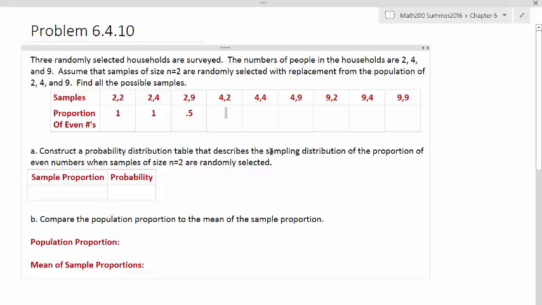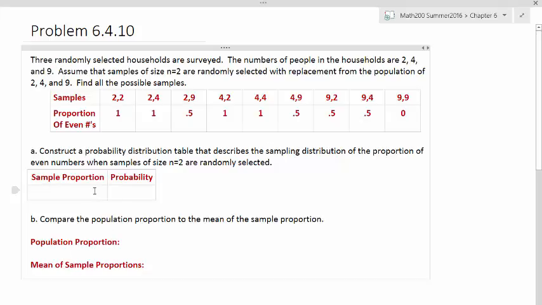The next one is even and even again, so that's 100% even. The next one, we have 1 even and 1 odd, so that's 50% again. And now the next one, they're both odd, and there's only 2 numbers, so that's 0% even, because it's all odd. So these are the proportions for your samples.